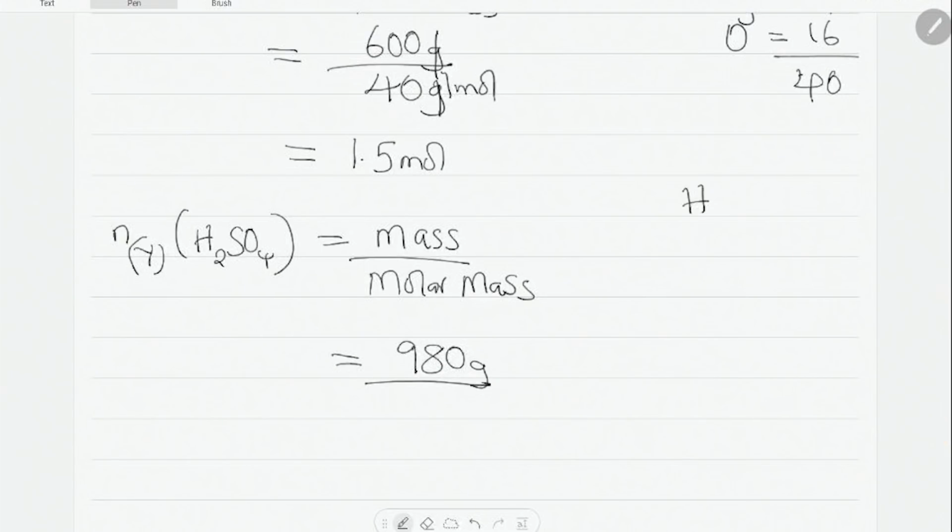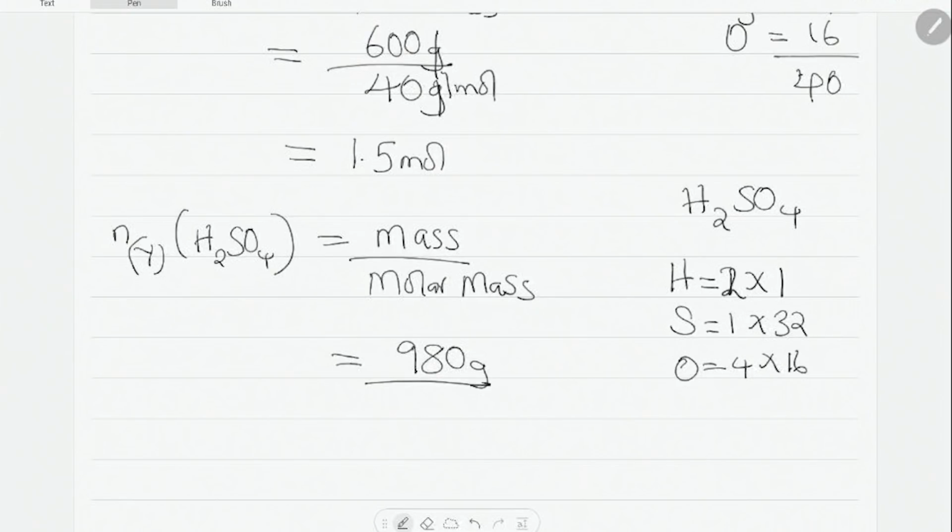We get the formula H2SO4. We list the elements contained in sulfuric acid: H, S, O. Then this is equal to number of atoms 2 in hydrogen multiplied by the mass number, which is 1. Then how many atoms of sulfur? 1 multiplied by 32, which is the mass number. How many atoms of oxygen? 4 multiplied by 16, which is the mass number.